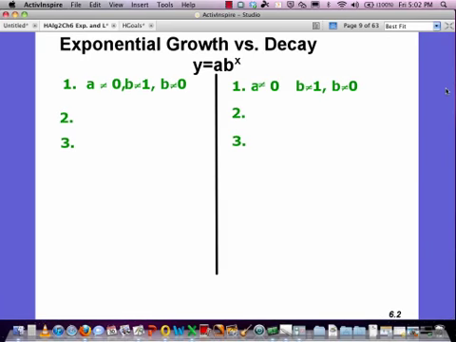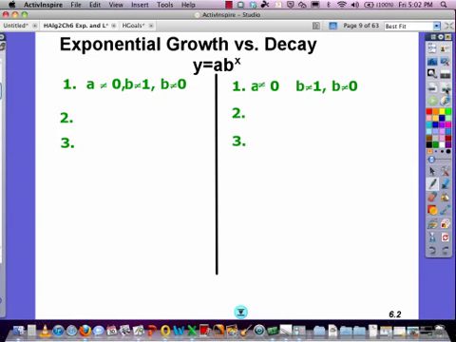So on a short list, we know that if it's a growth situation, so G for growth, D for decay, and both of our equations have that general pattern, what could you say? Well, you can see I did the generic stuff. A can't be 0, that's by definition. B can't be 1, and B is not 0 as well.